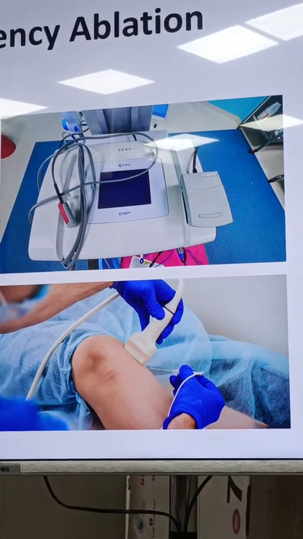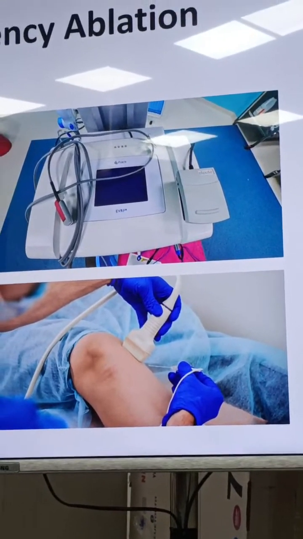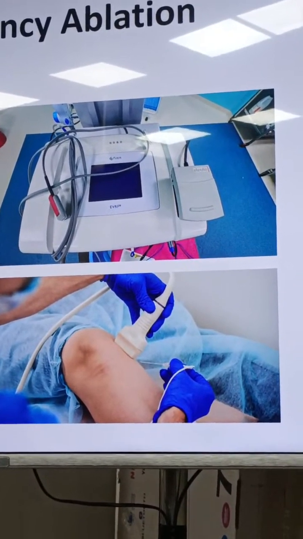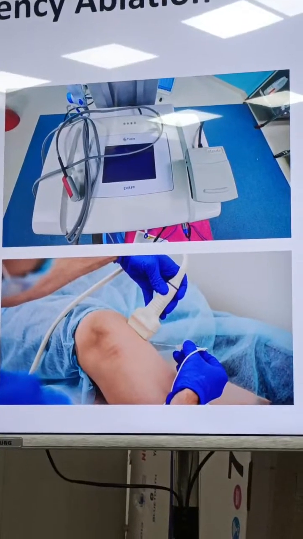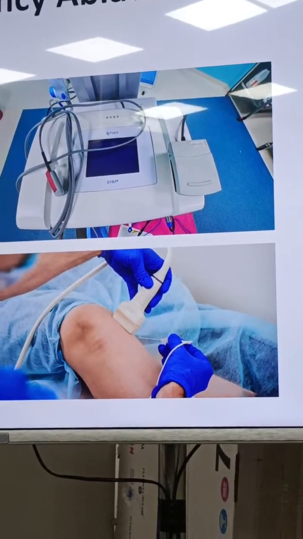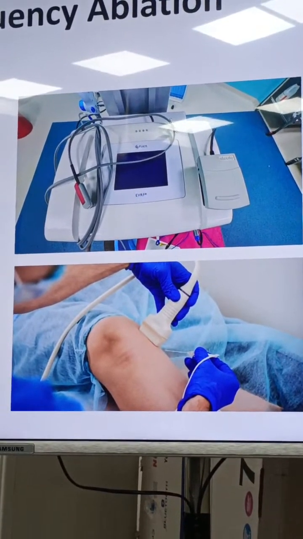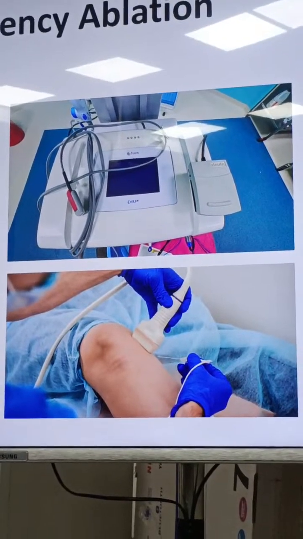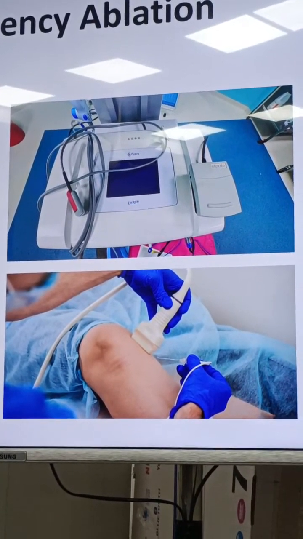You select the vein. You can do it either through the Seldinger technique, puncture the vein and then put a wire, and then do all the things over the sheath. Or you can do a venous cut down of small size, a 2 mm, 3 mm incision, and through that incision you can deliver the vein, and for that you don't need a sheath.